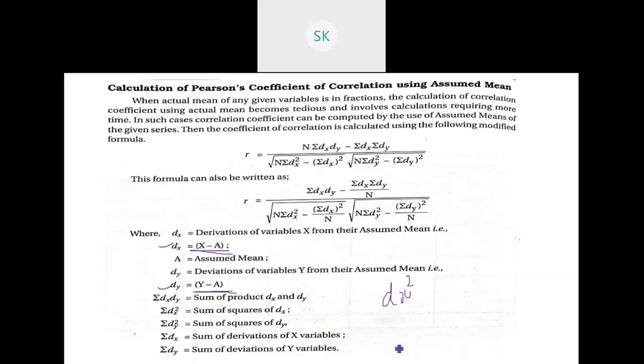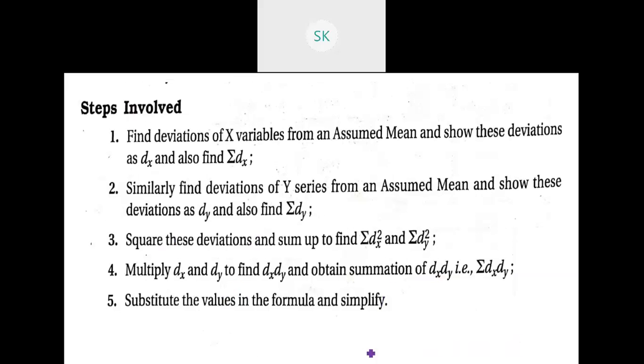Similarly, you first calculate dy, which is y minus a, then once you square them and add them up, you get sigma dy square. Next, sigma dx and sigma dy. Sigma dx is the total of all these values, sigma dy is the total of all these values. So this is your concept of using assumed mean.